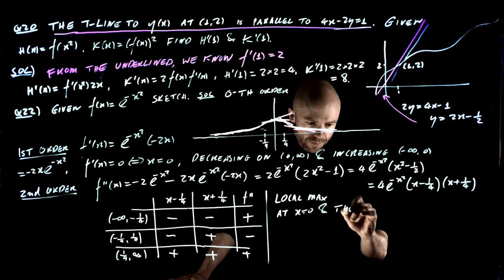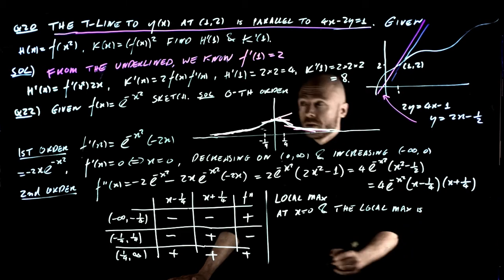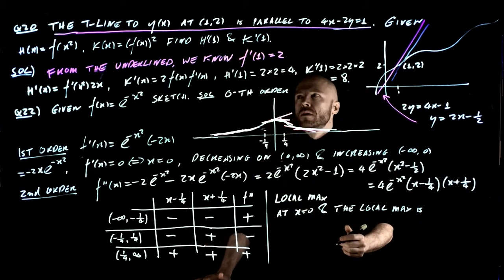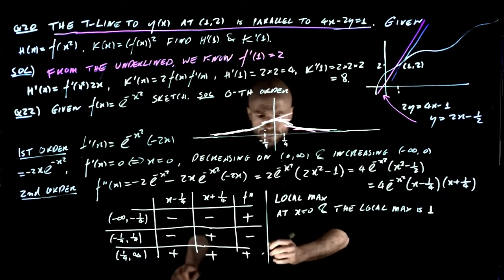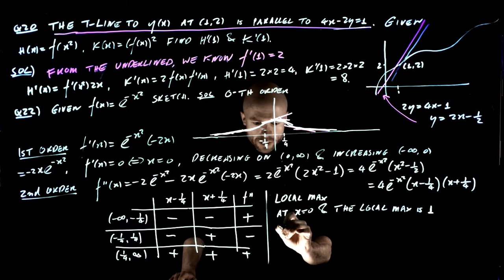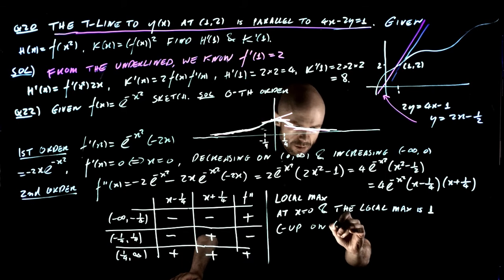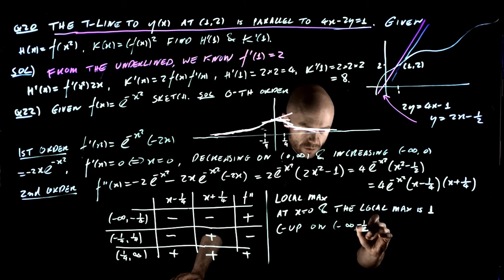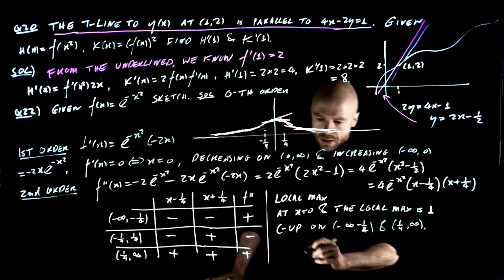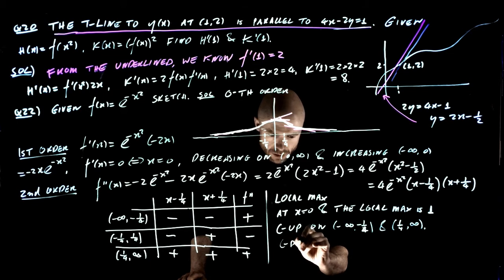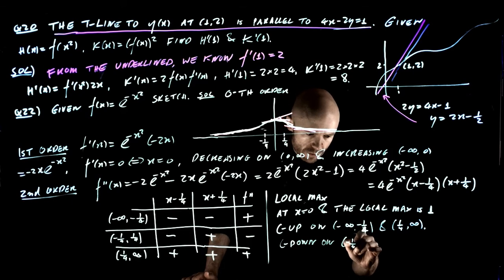The local max is, putting 0 into this function, just equal to 1. We know it is concave up on minus infinity to minus 1 over 4 and 1 over 4 to infinity, concave down on minus 1 over 4 to 1 over 4.